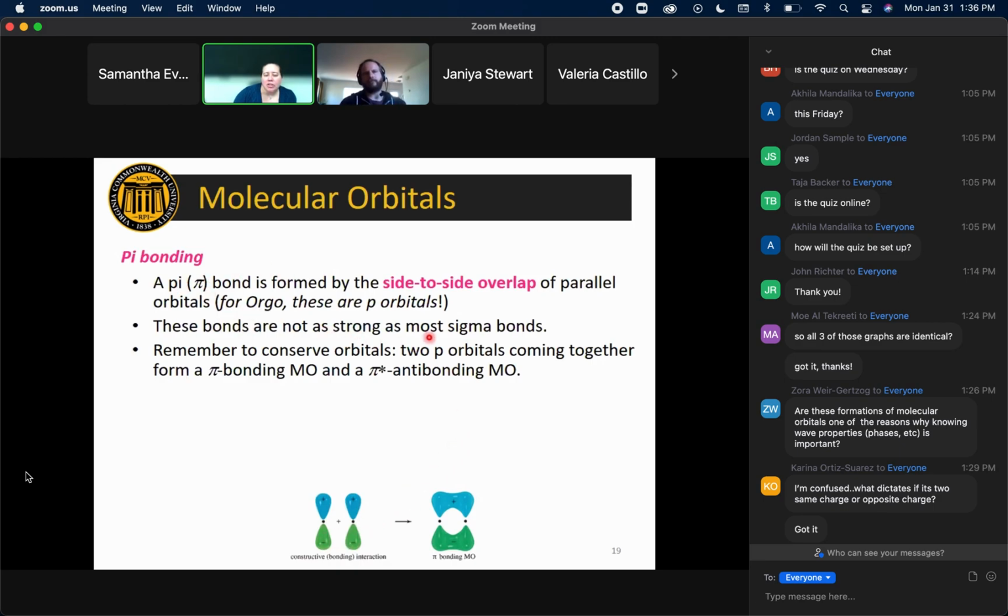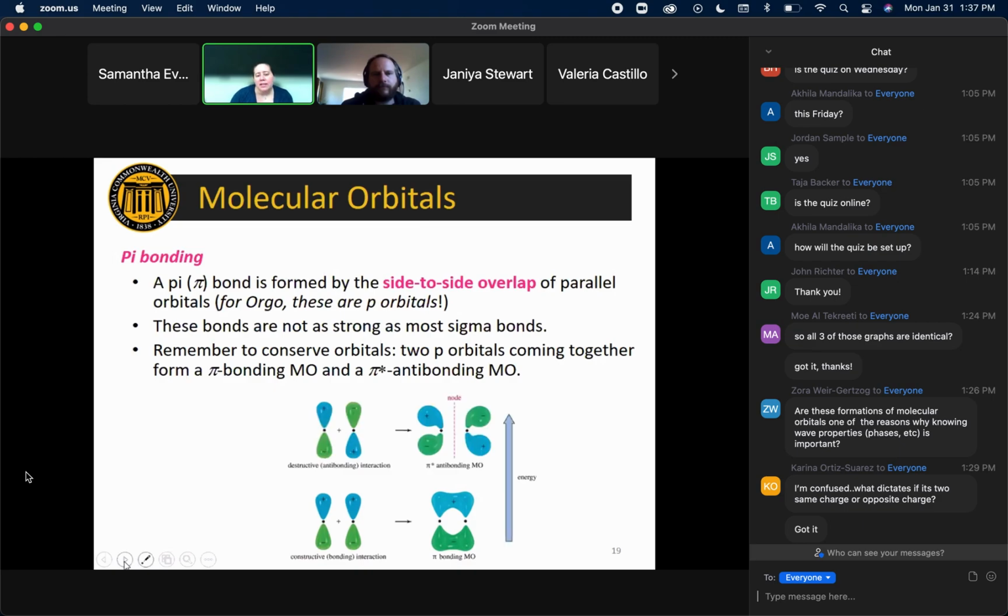So pi bonds are not as strong as most sigma bonds in general. And of course, we have a rule that we have to apply. If we're bringing them together in a constructive way to make a pi bonding molecular orbital, we also have to bring them together in a destructive way to make a pi star or an anti-bonding molecular orbital. And of course, energy is always higher for antibonding.